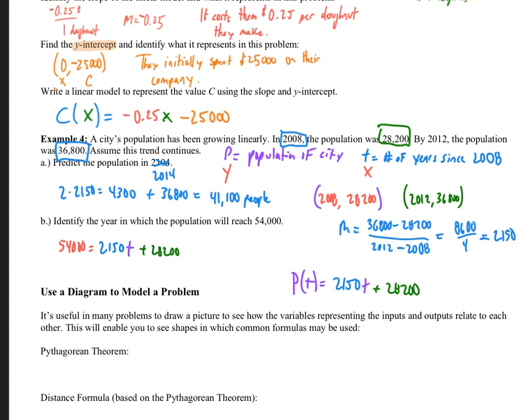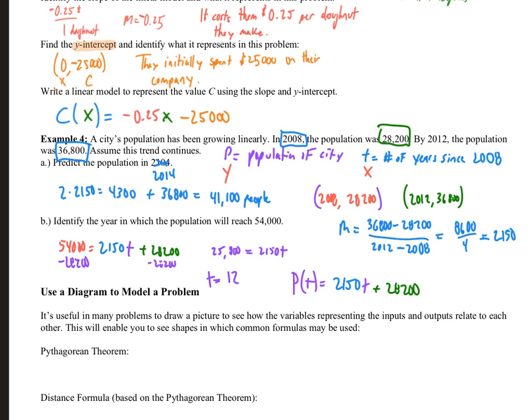So if I'm subtracting the 28,000 over, so what's that? 25,800 equals 2,150 t, and then divide by 2,150. And 25,800 divided by 2,150 is 12.